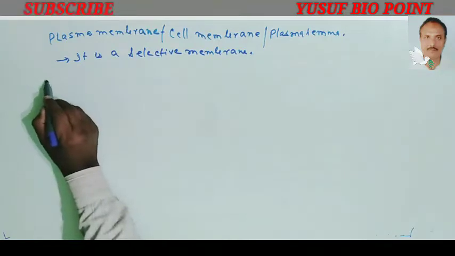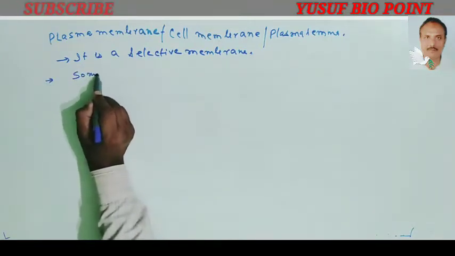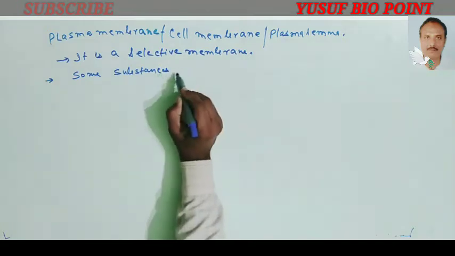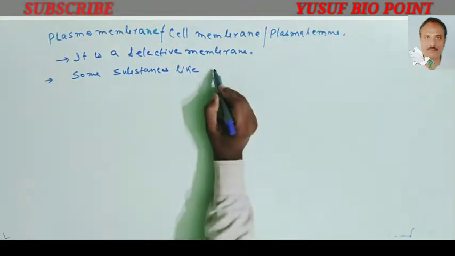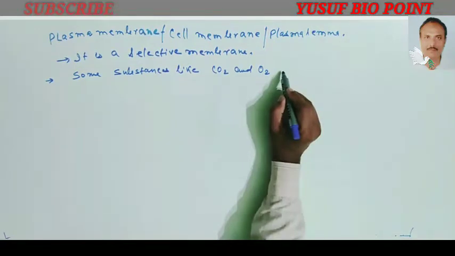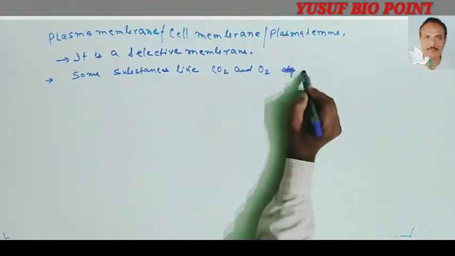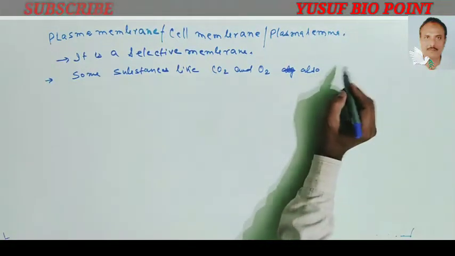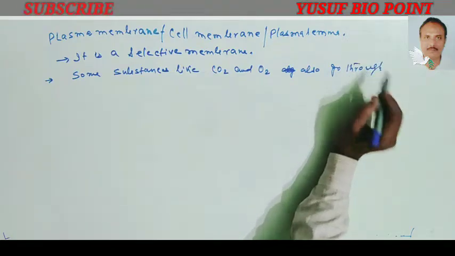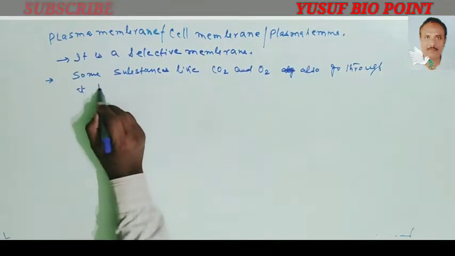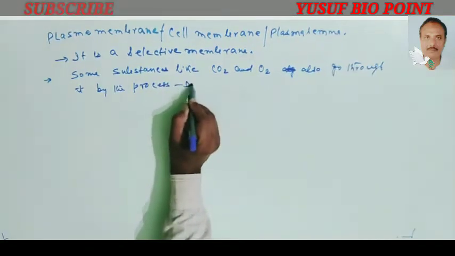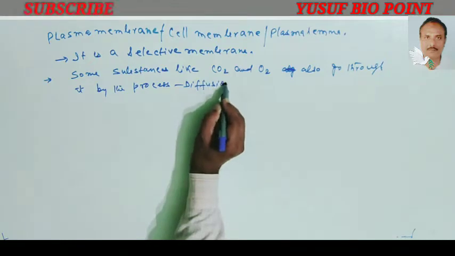Now the next one is, some substances like CO2 and O2 also go through it by the process of diffusion.